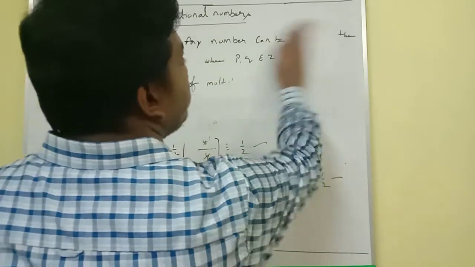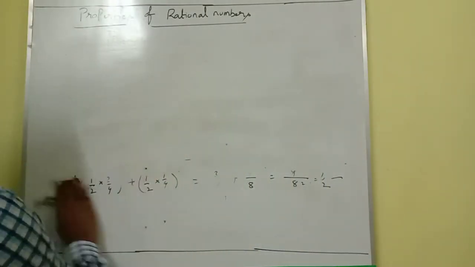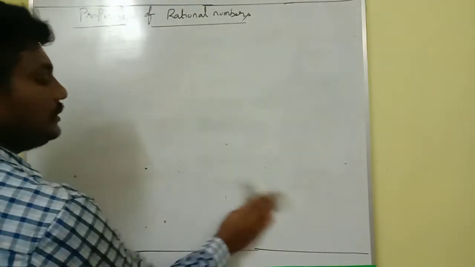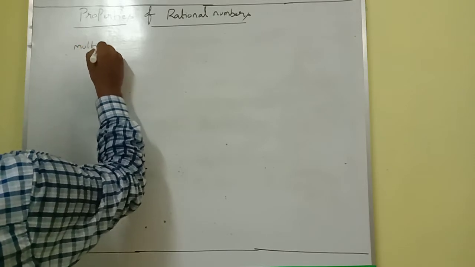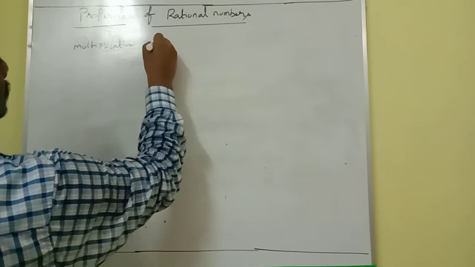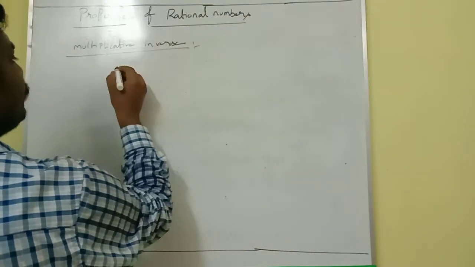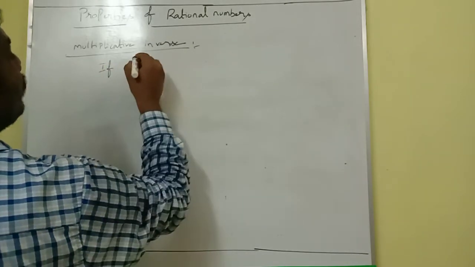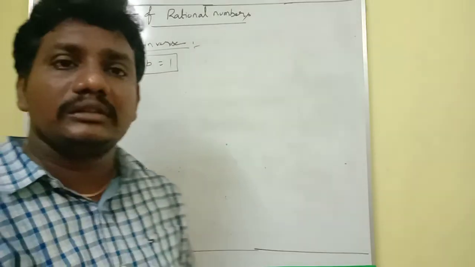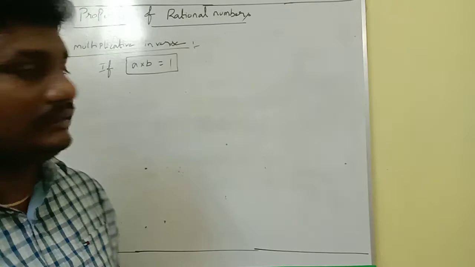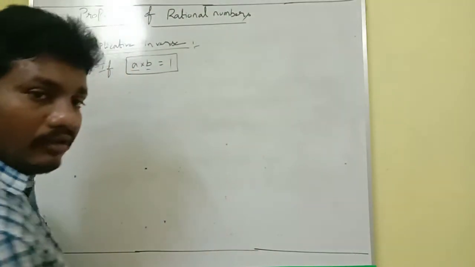If you multiply any two numbers, that is, if two numbers are involved in the operation of product, and A into B is equal to 1, the product becomes 1, then the two numbers involved in the multiplication are known as multiplicative inverses of each other.